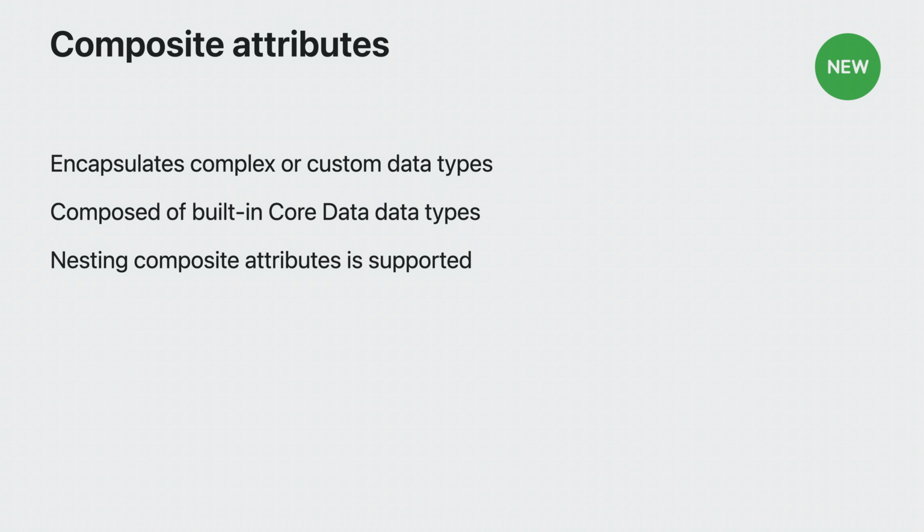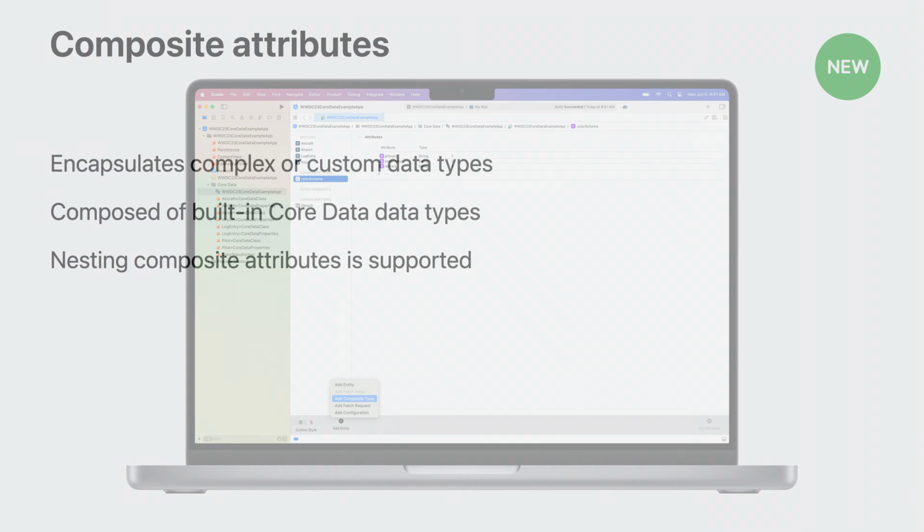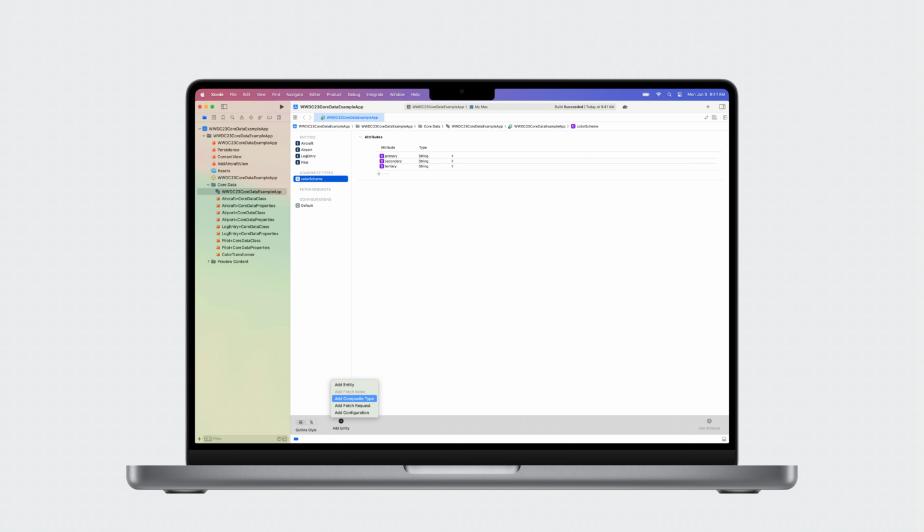Composite attributes may be nested within each other so that a top-level composite attribute may contain additional composite attributes. The Xcode Core Data Model Editor has been updated to make it easy to define and manage your model's composite attributes.